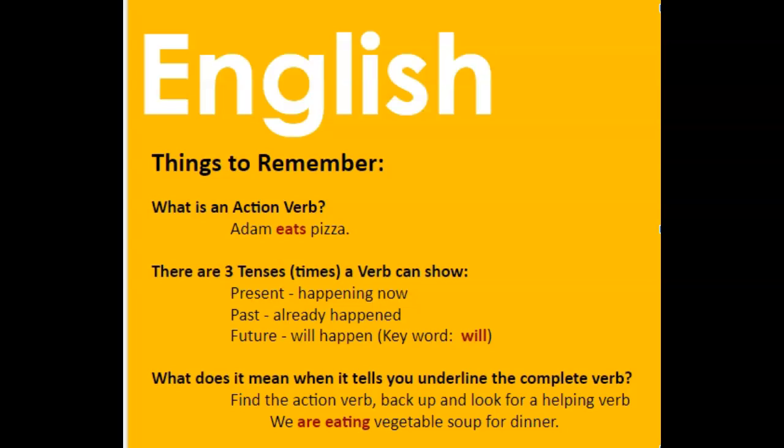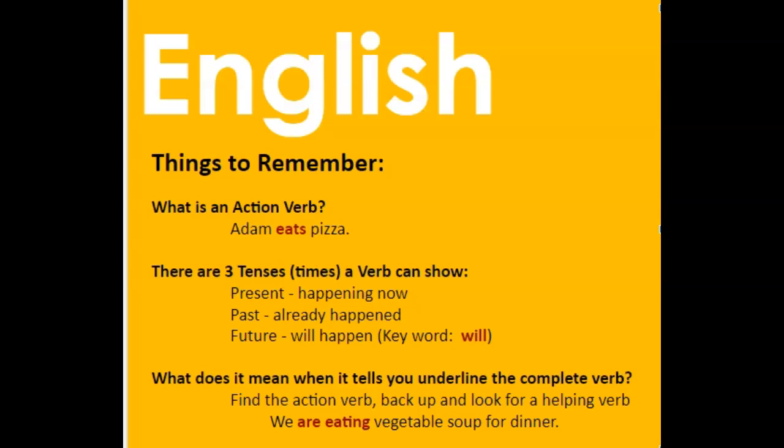Okay? Then what does it mean when it tells you underline the complete verb? There was some confusion on this yesterday. So let's revisit this. So when we're underlining a complete verb, we read the sentence, we find the action verb, then we back up and look for a helping verb.